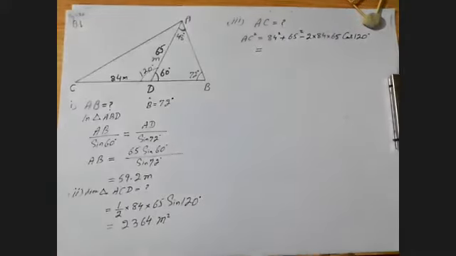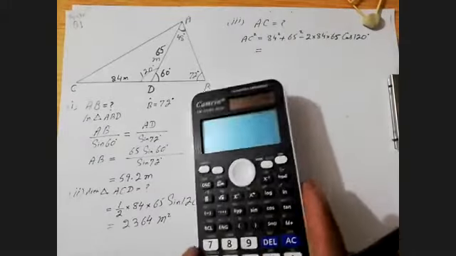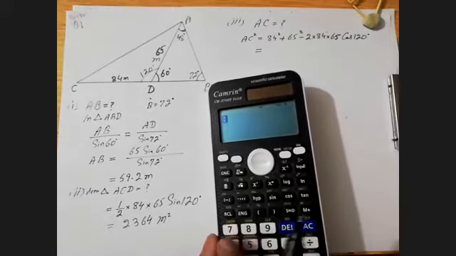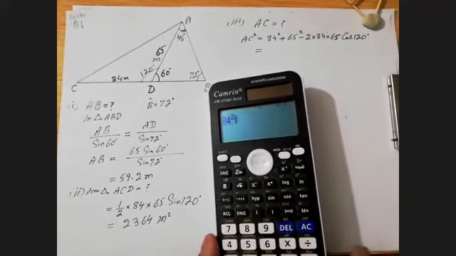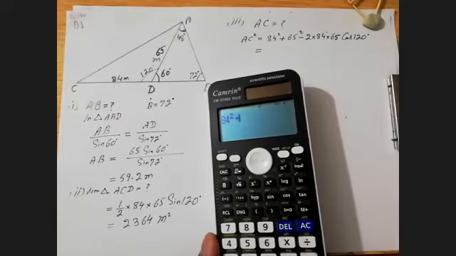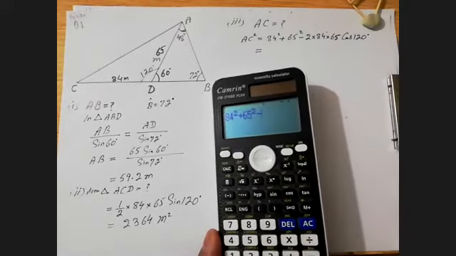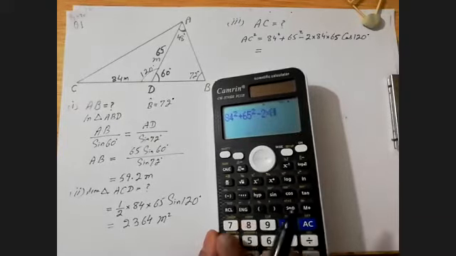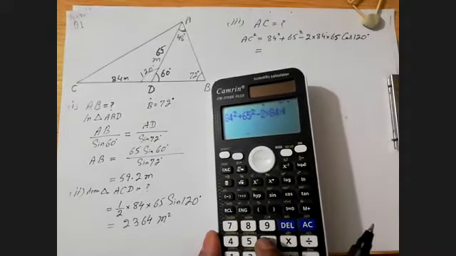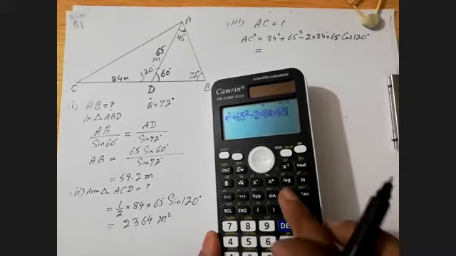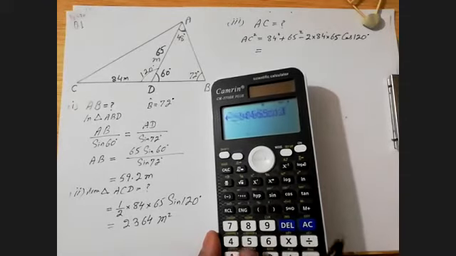Now I am calculating this: 84 square plus 65 square minus 2 into 84 into 65 and then cos of 120 degrees.